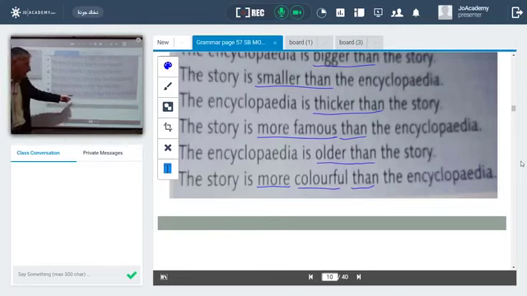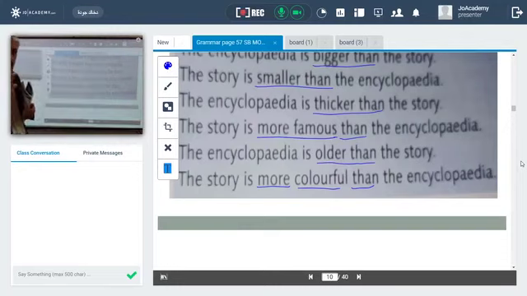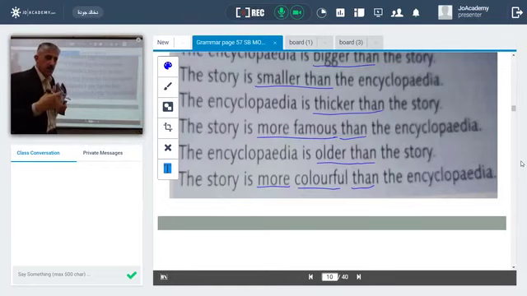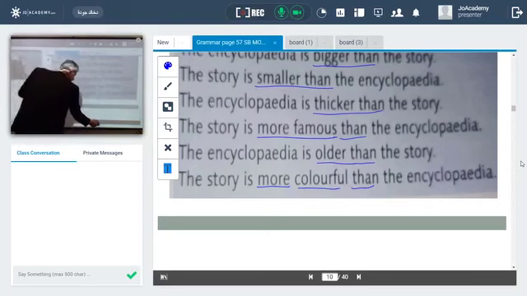Why do we put more? Because the adjective colorful is a longer adjective. It is not a one syllable adjective, it is two syllables. Colorful. When we pronounce it, we pronounce it in two syllables. Try it, and you will practice it, and you will come to know whether it is one syllable or more than one syllable. Okay, so let's move on.